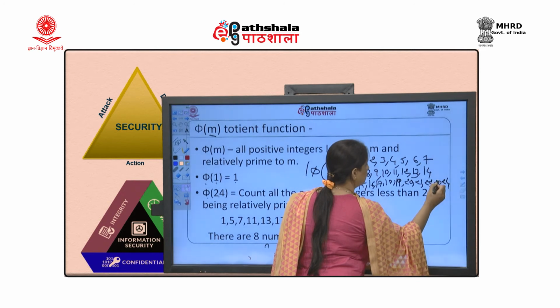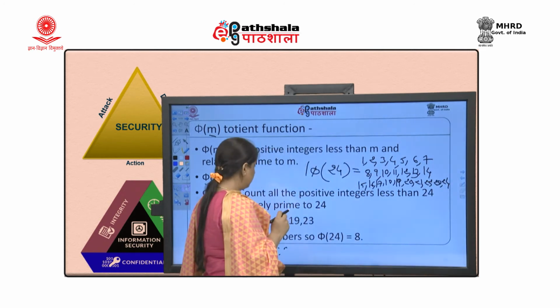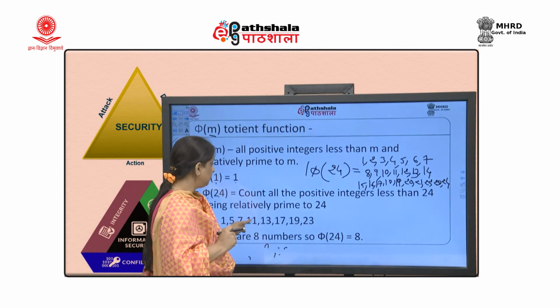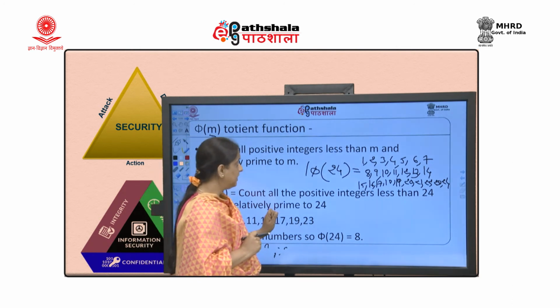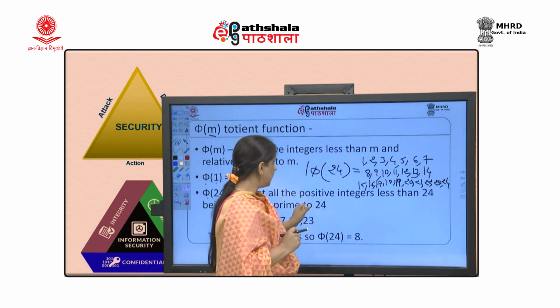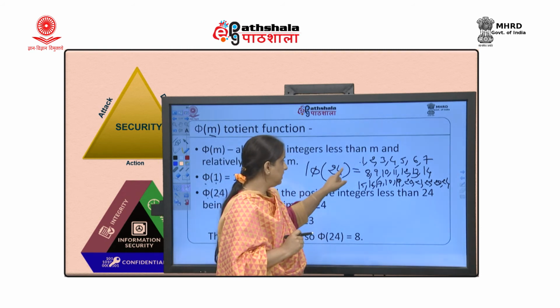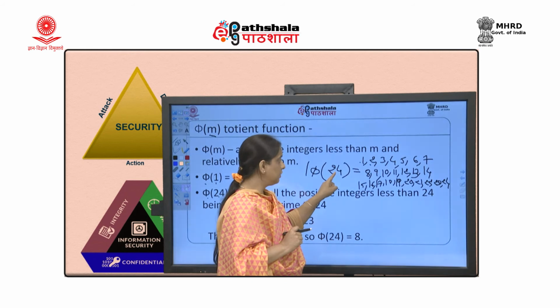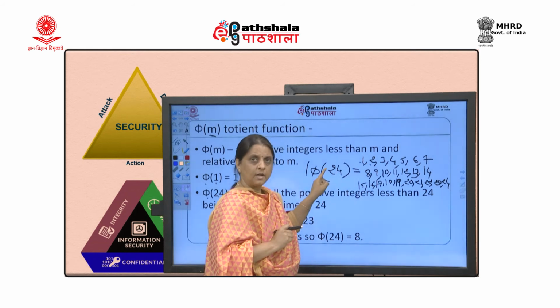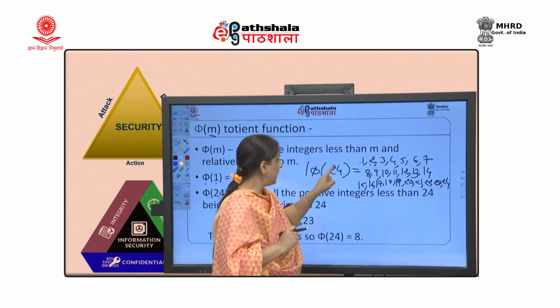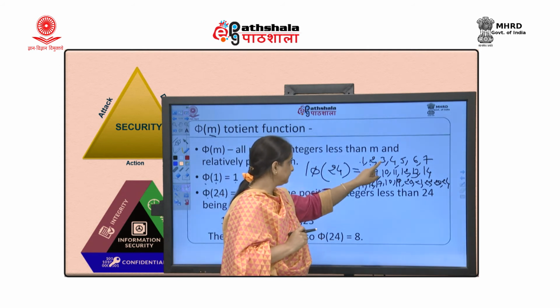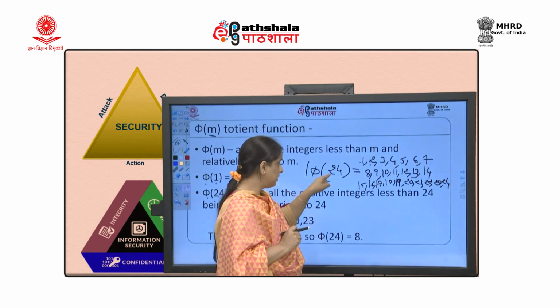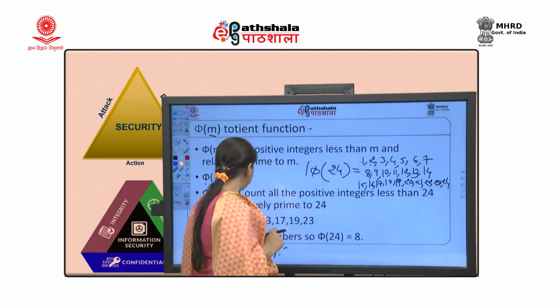According to the definition, we have to count all the positive integers less than 24 that are relatively prime. 1 and 24 are relatively prime. 2 and 24 are not relatively prime because both have a common factor, 2. 3 and 24 are not relatively prime because they have a common factor.